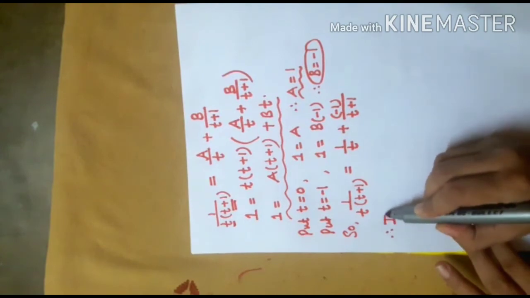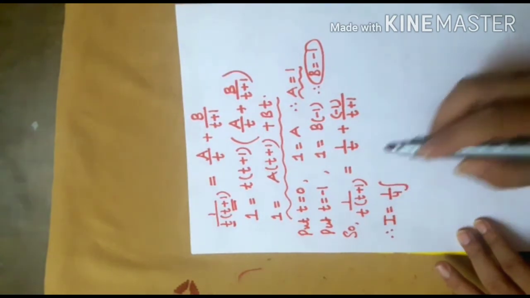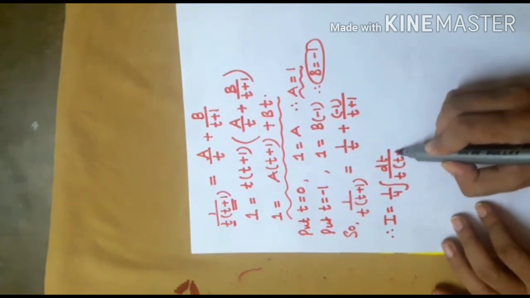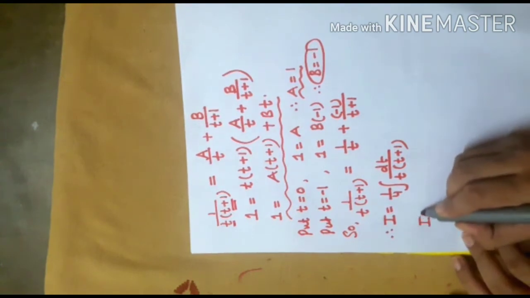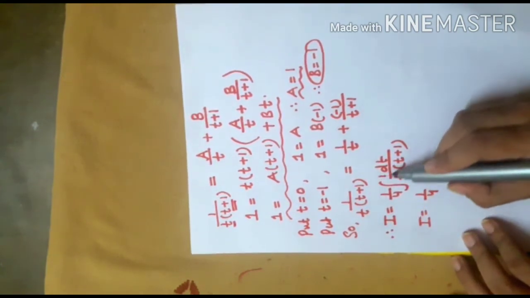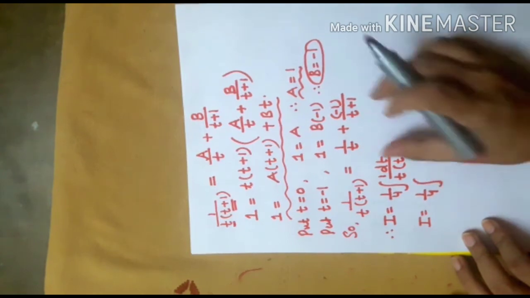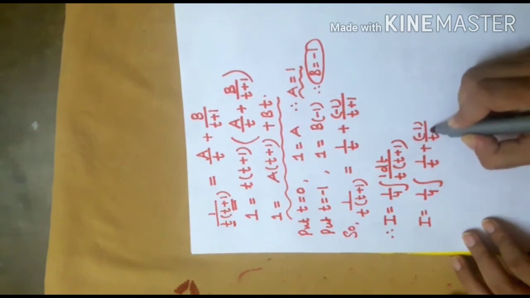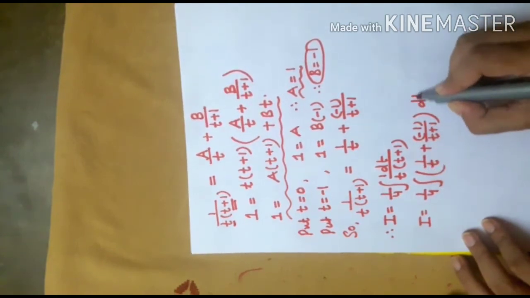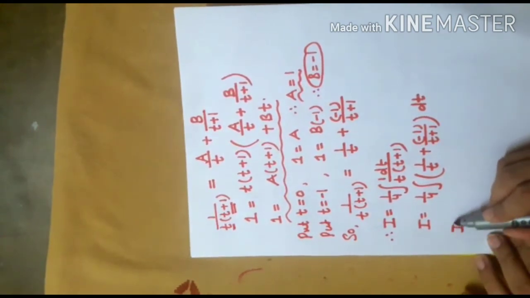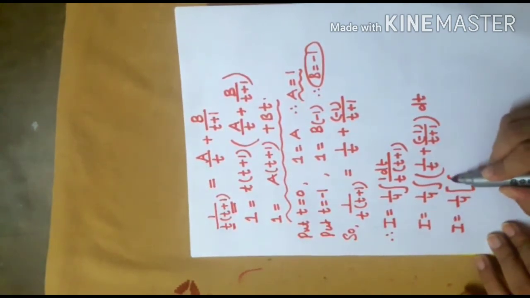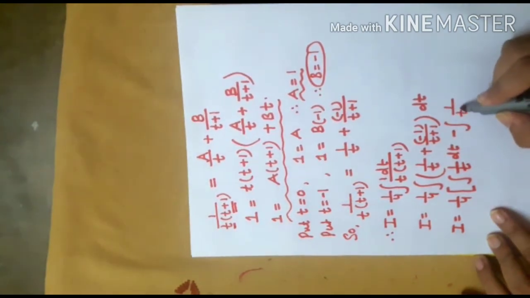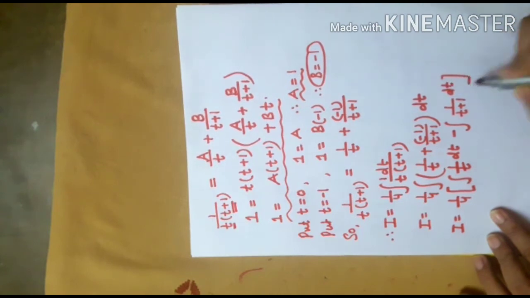Therefore the integral, which is 1 by 4 integral dt over t into t plus 1, will be equal to 1 by 4 times this. Now separate the integrals. It's 1 by 4 integral 1 over t dt minus integral 1 over t plus 1 dt.